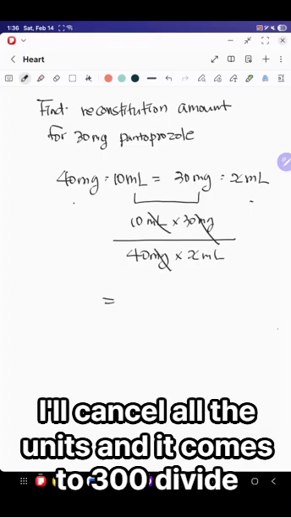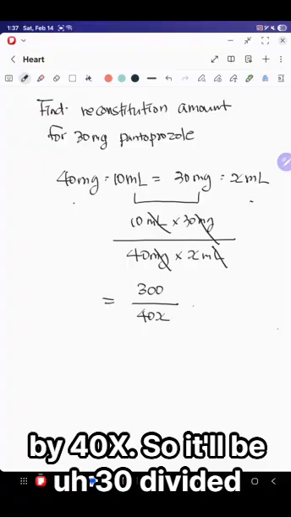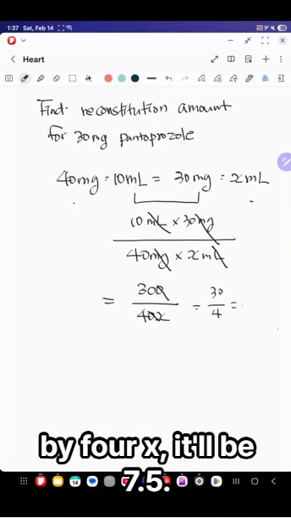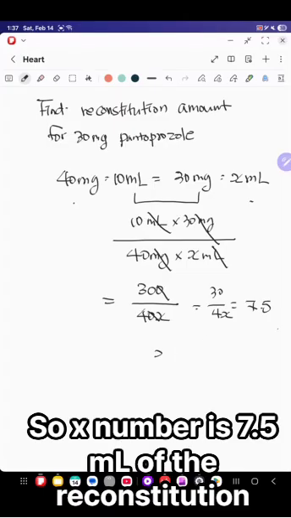I'll cancel all the units, and it comes to 300 divided by 40X, so it's 30 divided by 4X, which is 7.5. So X is 7.5 milliliters of reconstitution.